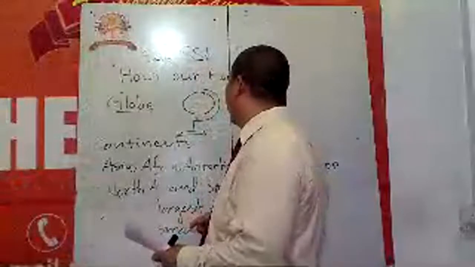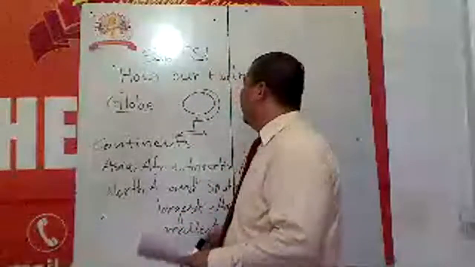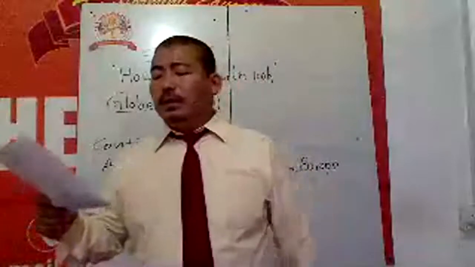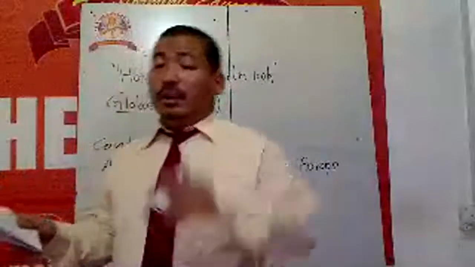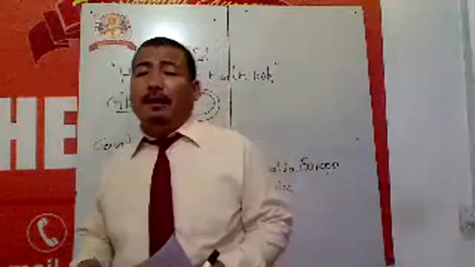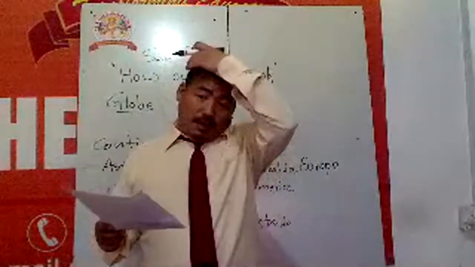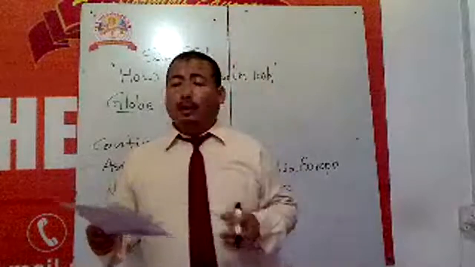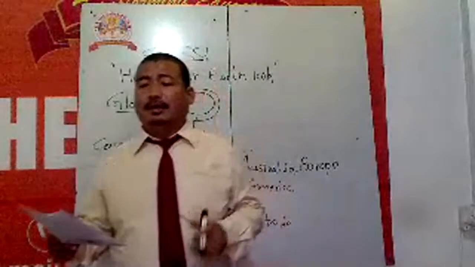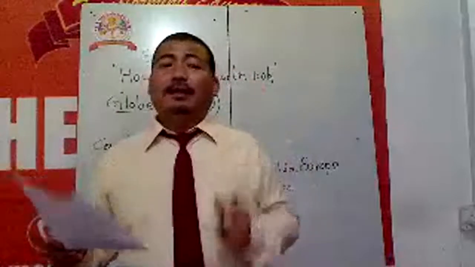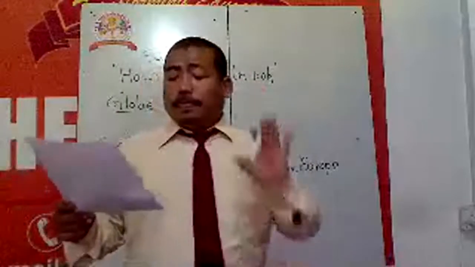To find places on the map, we mostly use directions. As you know, there are four directions: east, west, north, south. How can we know which side is which direction?